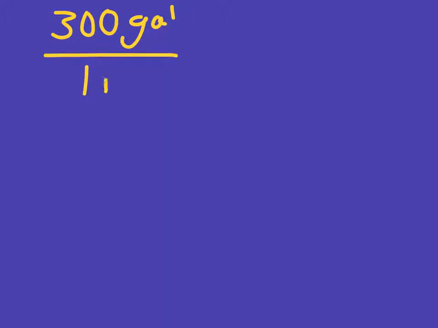Okay, this one you should try on your own. This is number 5, and the problem reads like this. An oil tanker is leaking oil at a rate of 300 gallons every minute. Okay? So 300 gallons every minute.